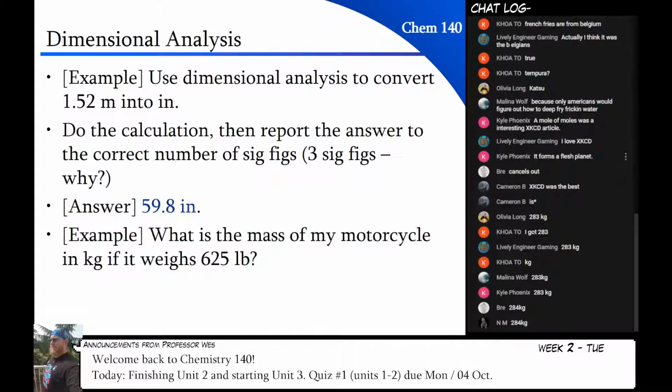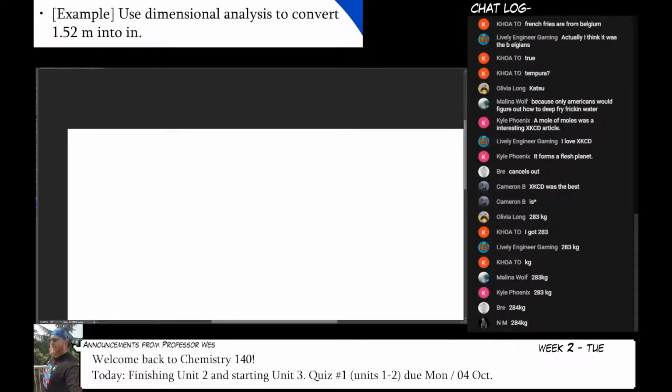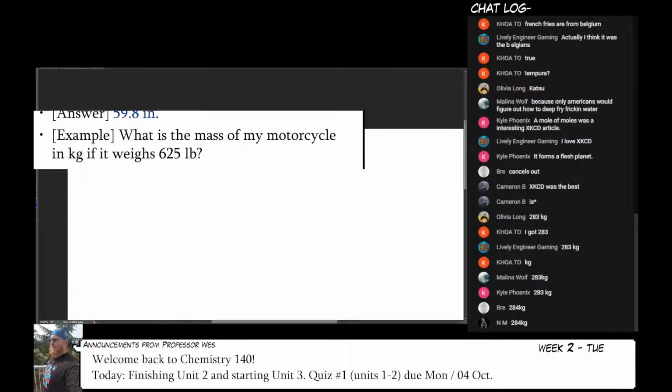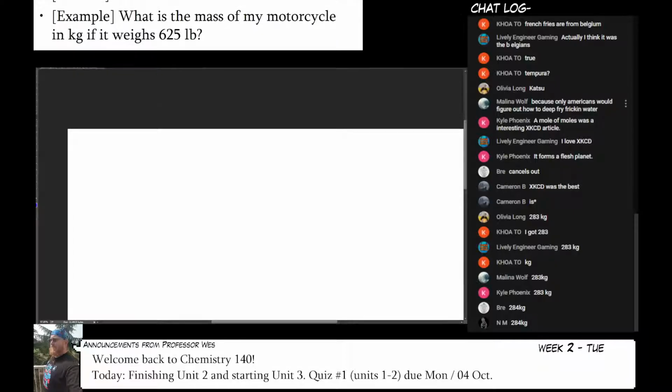All right, so first we have to look up a conversion on Google, and I only have one of these memorized, so I actually have to go get the other one too.